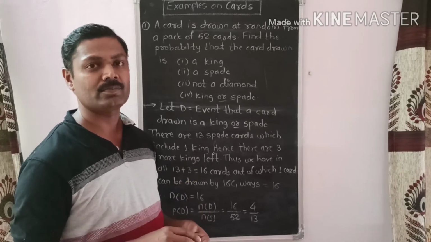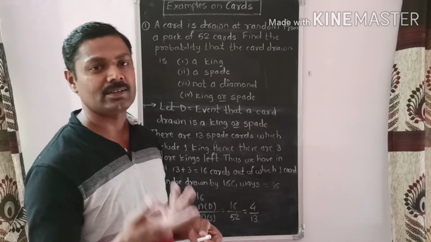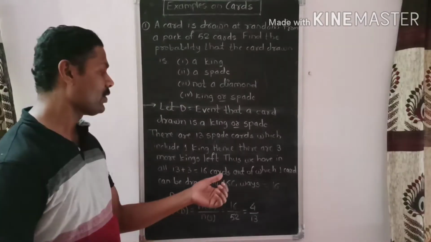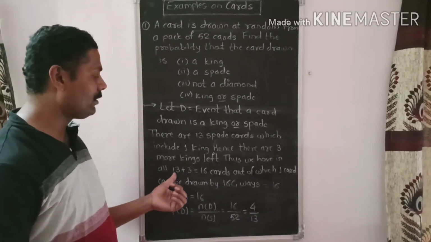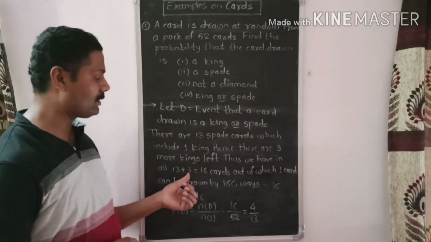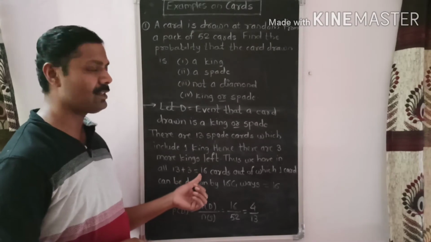Total kings are 4, which means that 3 kings are remaining. So we have all 13 spade cards plus the remaining 3, and these 3 are the kings. So 13 plus 3 is 16.